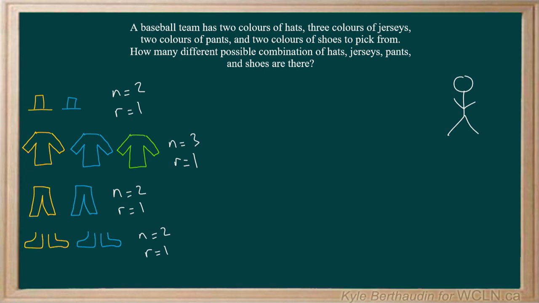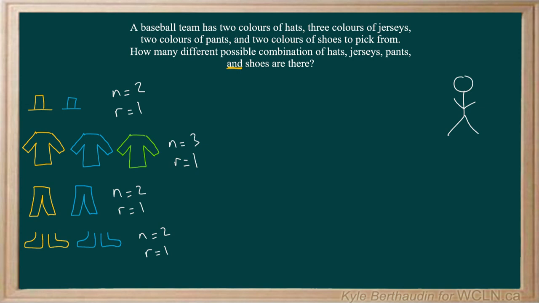Now, you might remember the fundamental counting principle. If we're looking at combining a bunch of options, and sometimes you'll see the word and in a sentence, that means that we need to multiply the different combinations together.